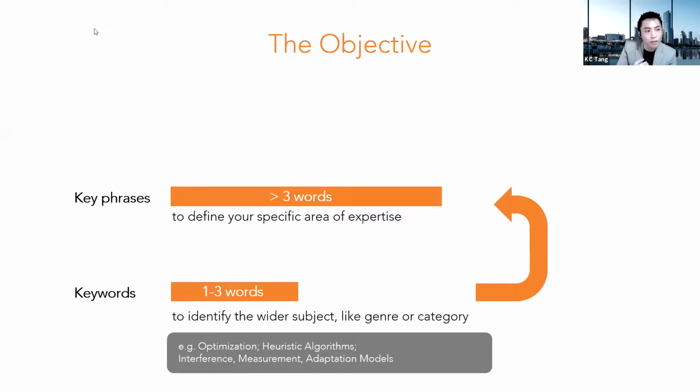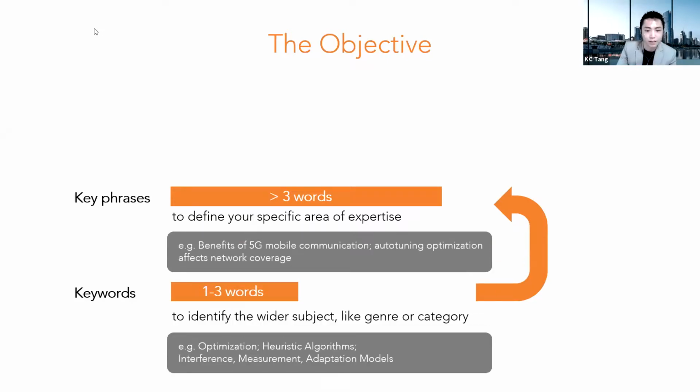One quick tip on how to do that is to put yourself in the shoes of your audience. Imagine how your audience would search on Google in a way that connects to your research. If you are searching for something on a particular topic, how would you type the search in Google, right? So you could type benefits of 5G mobile communication.